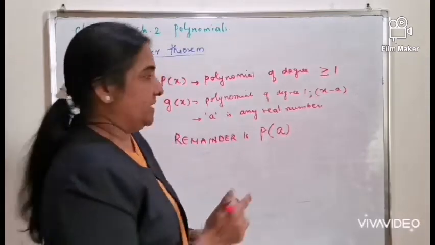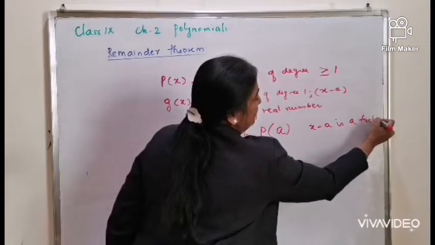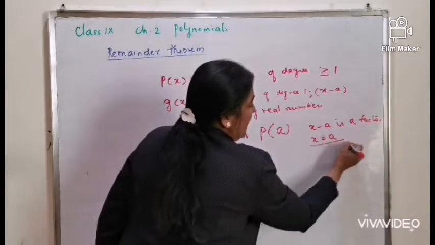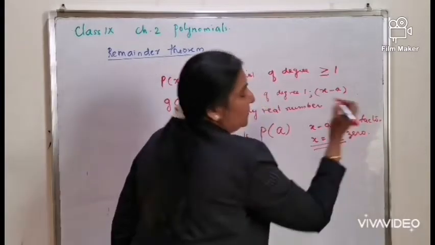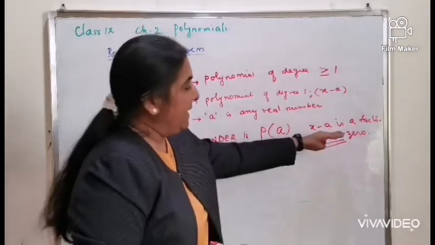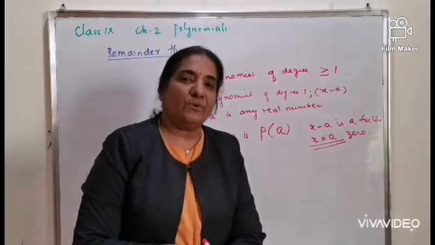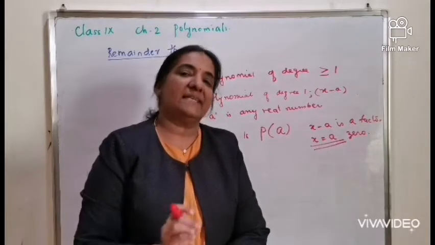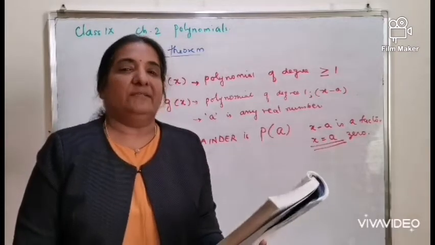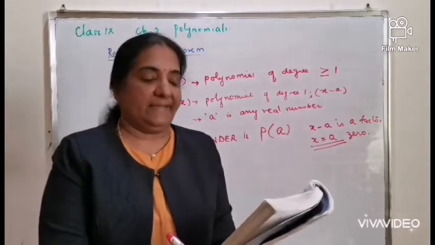Why is it so? If x minus a is a factor, then x equal to a will be a zero of that particular polynomial. So, the remainder will be easily got by substituting the value of x as a. After the explanation, let me read the remainder theorem statement, textbook page 39.